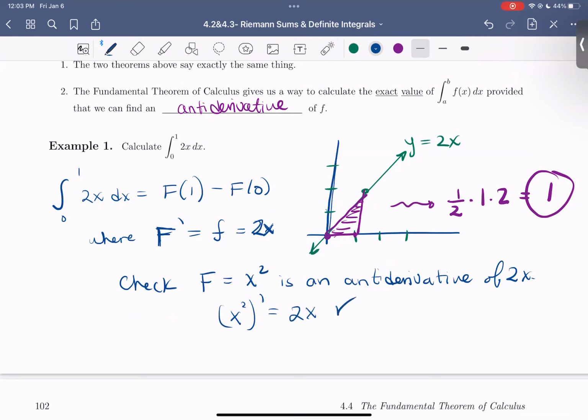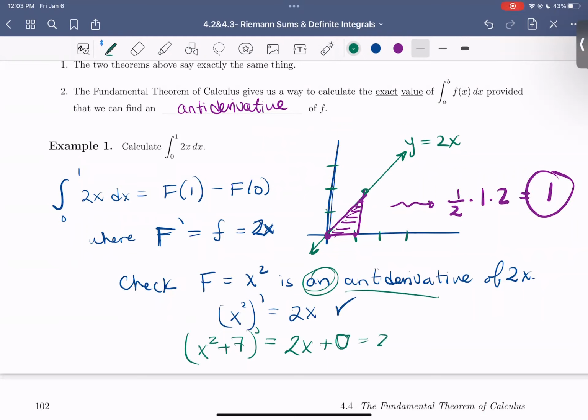So yep. One side note here is I always say an antiderivative, not the antiderivative. That's because there are many antiderivatives of one function. We found one here, but let's look at the function instead, x squared plus 7. If we take the derivative of x squared plus 7, what do we get? 2x plus the derivative of 7 is 0.